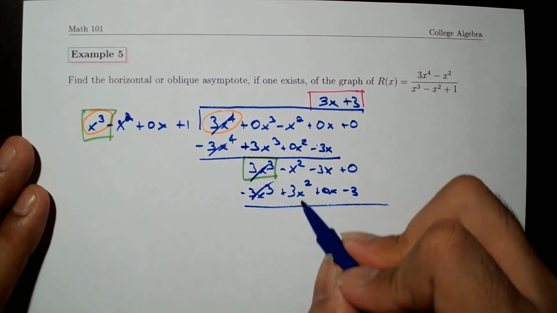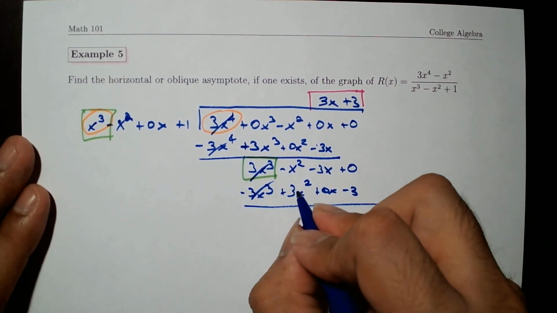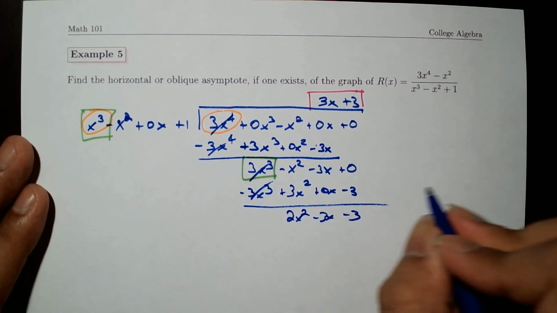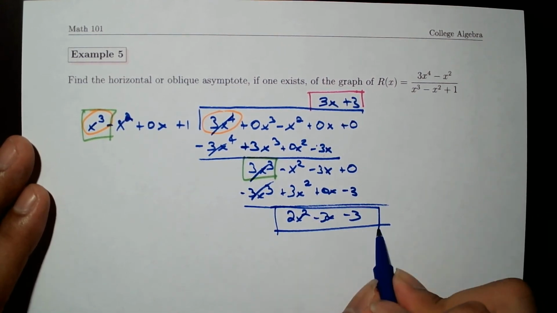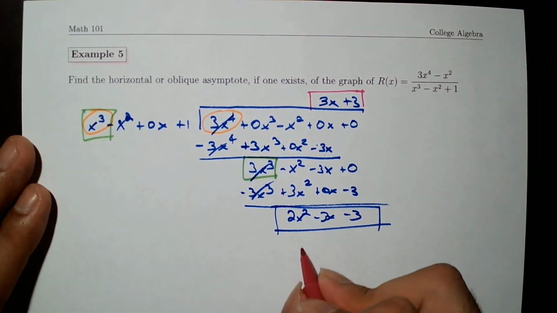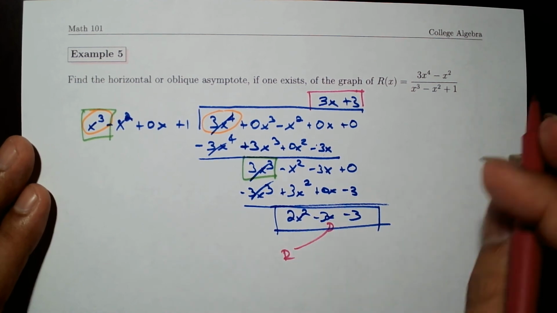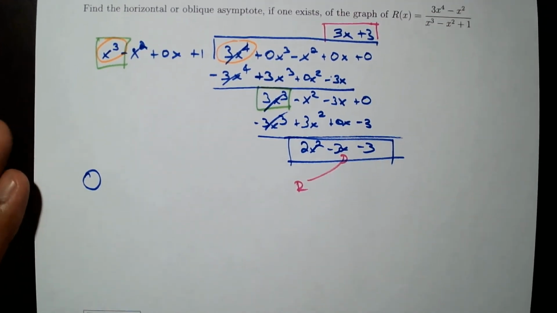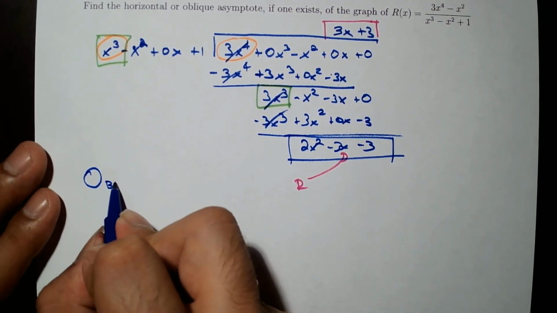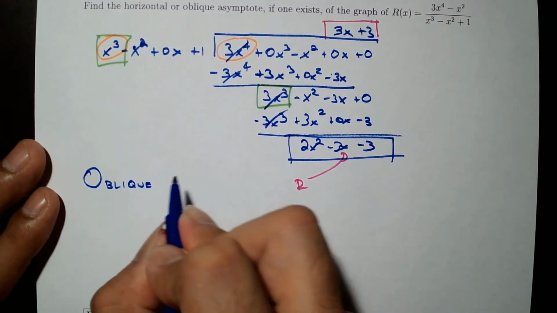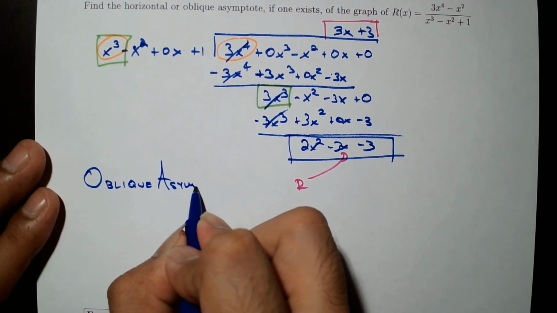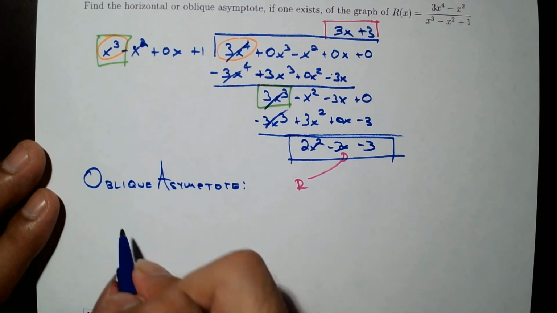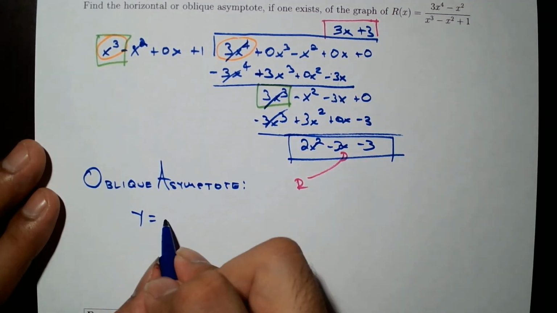And then 2x squared minus 3x, and then minus 3. So that's the remainder. So the oblique asymptote will be of the form y equals 3x plus 3.